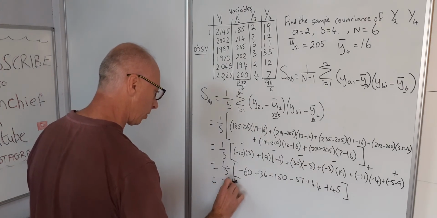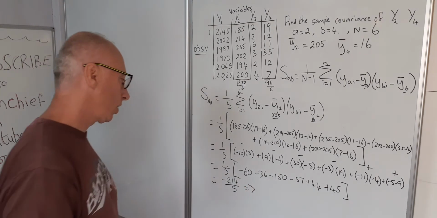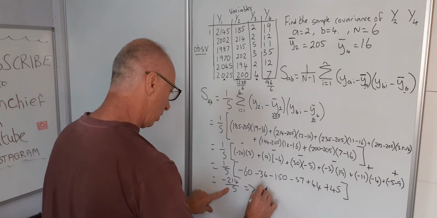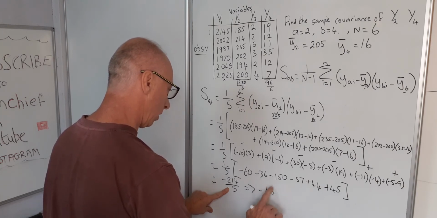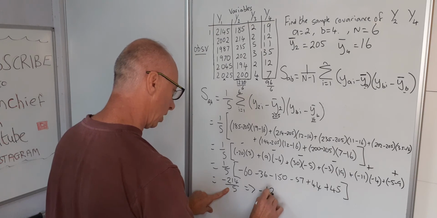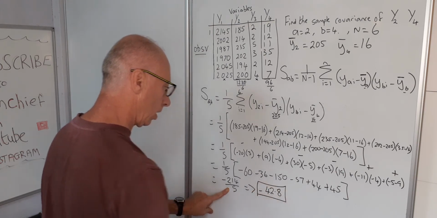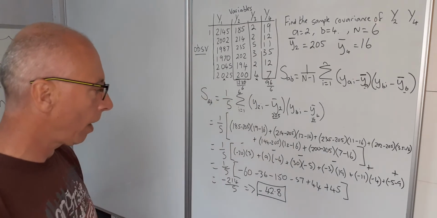So that's minus 214 over 5. So therefore our sample covariance of that is going to be minus 42.8. So that's a negative sample covariance.